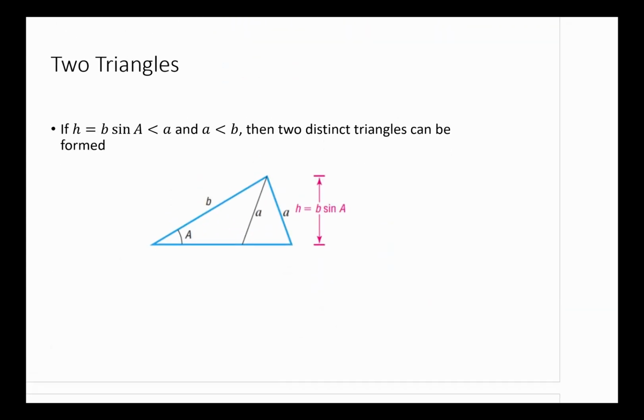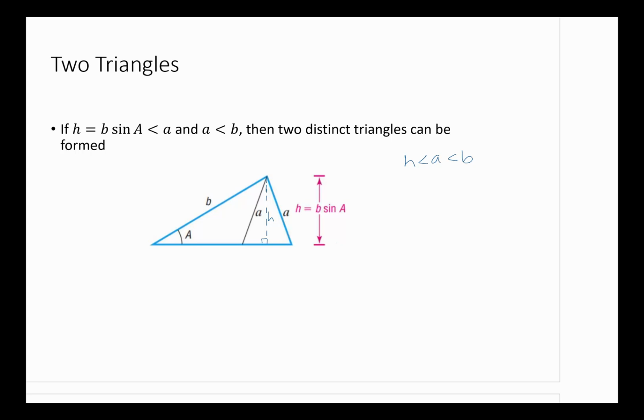Now, the more complicated one is when we can have two different triangles. So if I calculate the height and I draw my height right in here, and I notice that H is smaller than A, and A is smaller than B. So if this other leg that you have information about is bigger than the side across from the angle, and A is greater than H, right?